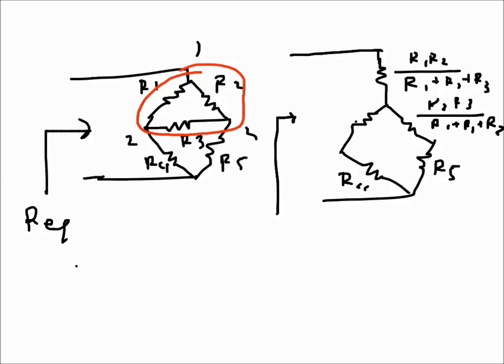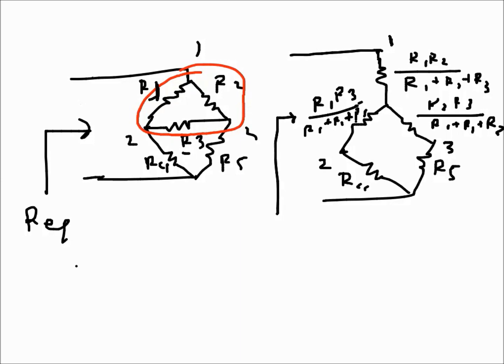And this resistance here, because R1 and R3 are at node 2, and this is node 2, this is node 3, this is node 1, and this is the neutral point. So at node 2, R3 and R1 are connected, so R1 R3 over R1 plus R2 plus R3. This is the common denominator everywhere.